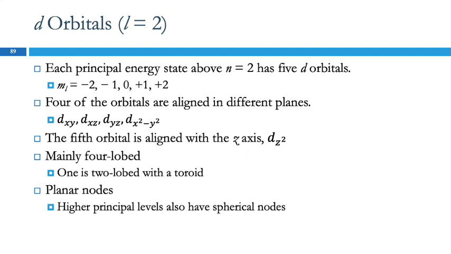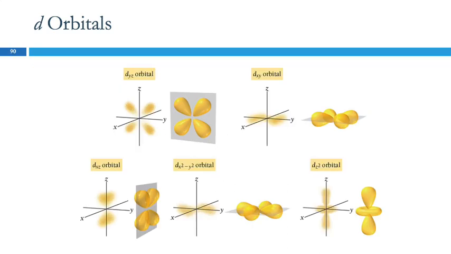When you get to n equals 3, now we've got 5 d orbitals, and those are even stranger. They look like this. It's kind of a double p, and these are aligned kind of wonky to the p orbitals, and then there's this weird one that's like a p orbital with a floaty or something.